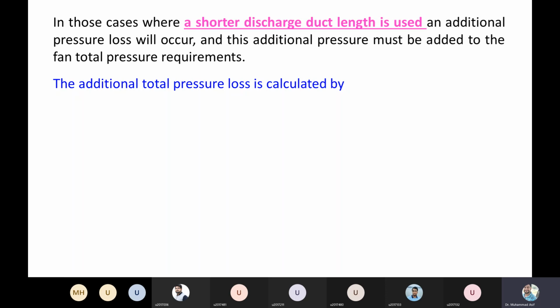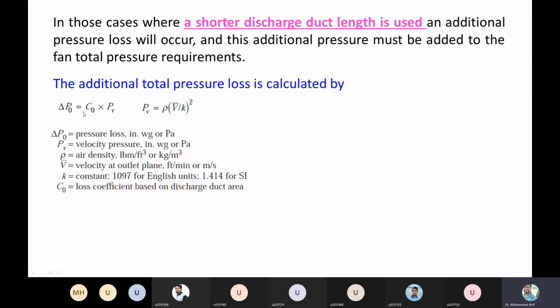And how to calculate the additional total pressure losses which result from the shorter discharge? That can be calculated with the help of this formula, C naught times PV, right? Whereas PV is a function of rho V squared divided by K, right? PV means velocity pressure. This is the naught, meaning the total pressure, and C naught is a loss coefficient based on the discharge duct area, right?